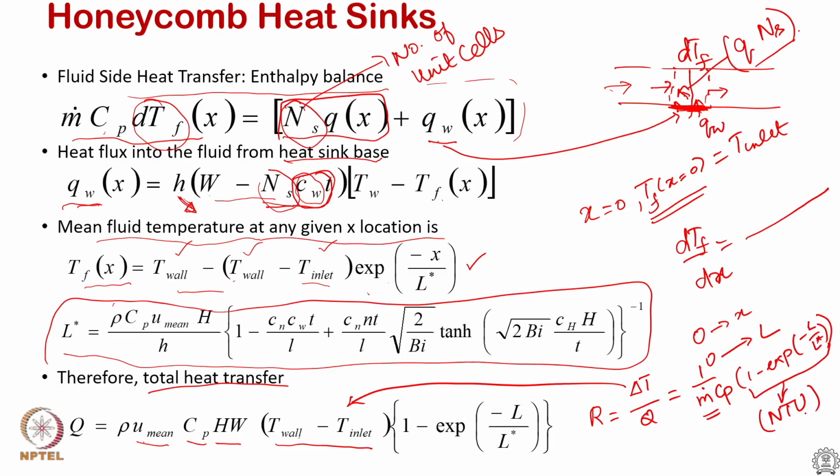This L by L star can be rewritten in terms of h times A divided by m dot Cp. However it is written, it is essentially representing the number of transfer units. So, even after going through this entire variety of derivations, you end up getting the same expression for the heat sink which we discussed before using heat exchanger theory, and it is equally valid: 1 by m dot Cp into effectiveness. This is nothing but the effectiveness of the heat sink.